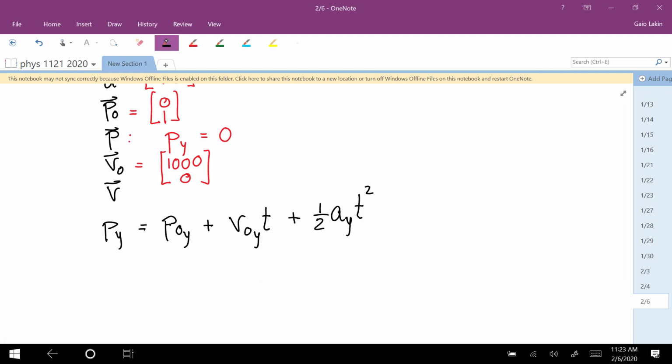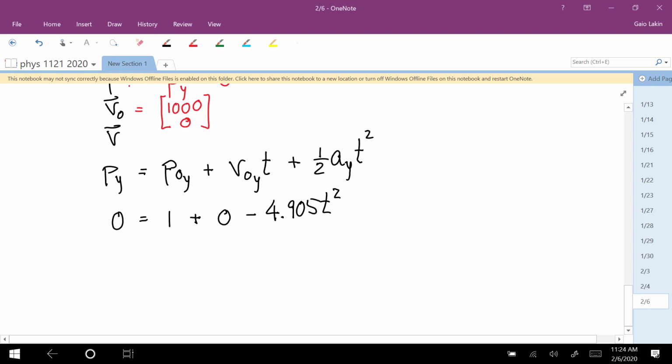And so this equation says 0 is equal to 1 plus 0 times time minus 4.905 t squared. And if you calculate that, I think you get a time of 0.452. Well, you do it with a square root, you get plus or minus, and we want the positive times.